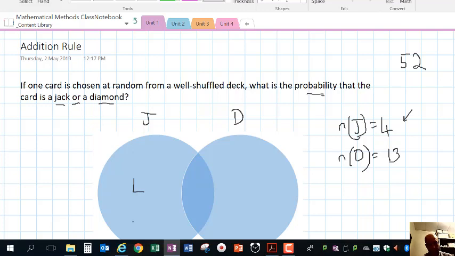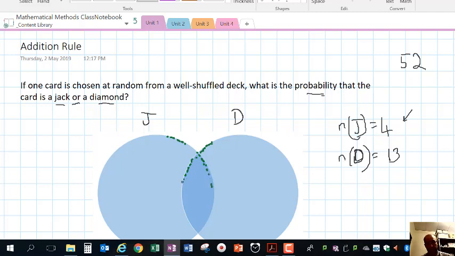No, it wouldn't. And for the diamonds, would it be right to put 13 in there? The reason why it wouldn't be right to do those things is that these 4 elements include everything, including the overlap for jacks, and also everything in D, the 13 elements, includes all the elements including the overlap.